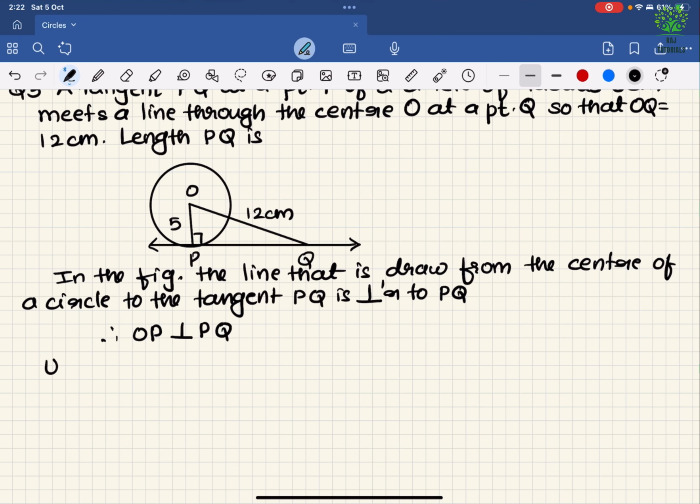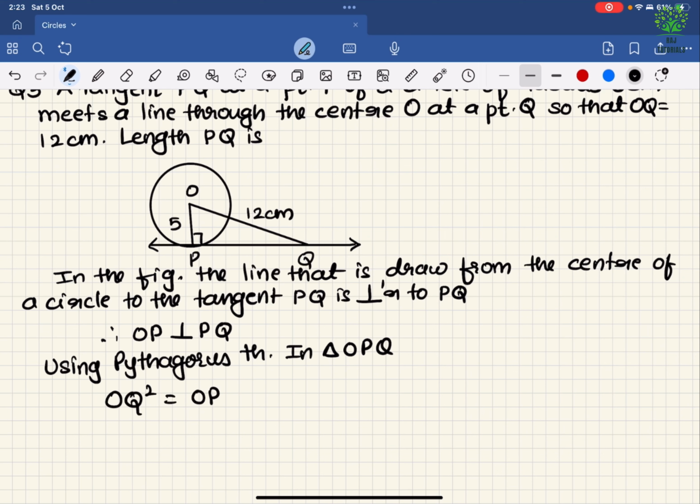Now using Pythagoras theorem in triangle OPQ, I can say OQ square equals OP square plus PQ square.